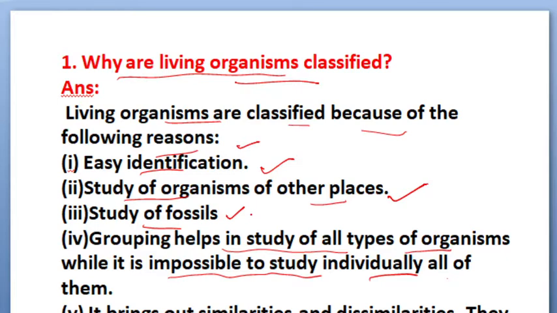Number 4, grouping helps in the study of all types of organisms, while it is impossible to study all of them individually. Number 5, it brings out similarities and dissimilarities. They help in knowing the relationship among different groups.